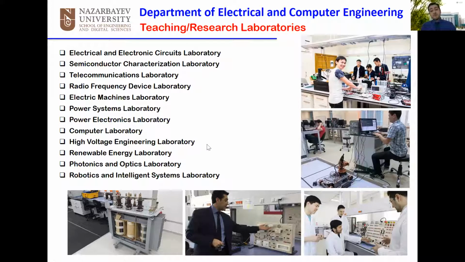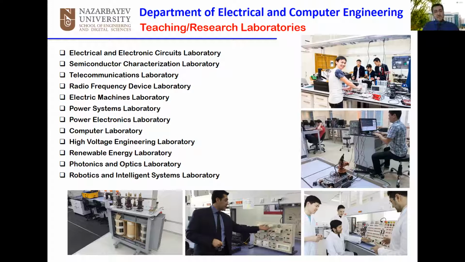For example, those people who are going to join KEGOC will get familiar with different equipment which they are using right now in KEGOC, in the high voltage laboratory, renewable energy laboratories, photonics and optics laboratories, and robotics and intelligent systems laboratories. We have approximately 12 laboratories at the Nazarbayev University ECE department, all of which have lots of students, and all of them work very actively and are very well spaced and designed.